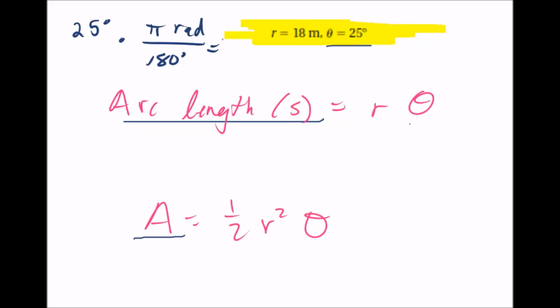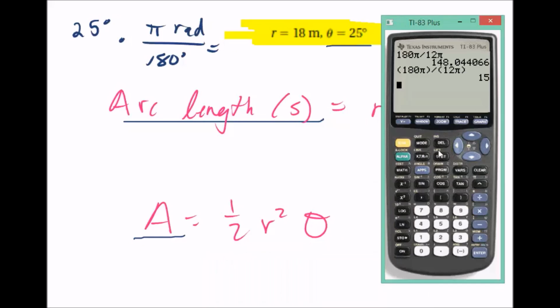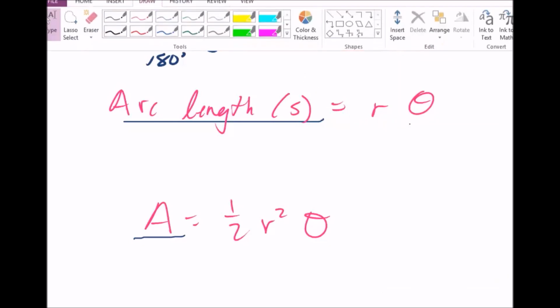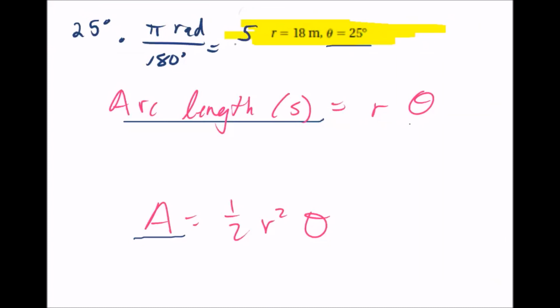And that's going to give us 25 over 180. We're just going to plug it in. I'm really bad at mental math, if you guys haven't realized by now. 0.138, change it to a fraction, 5 over 36 pi radians. So our answer will be 18 times 5 over 36 pi.